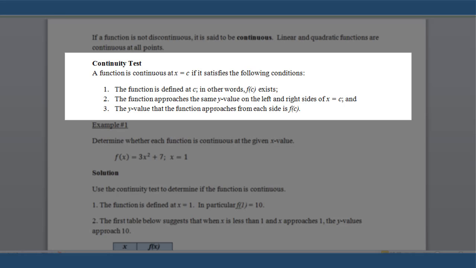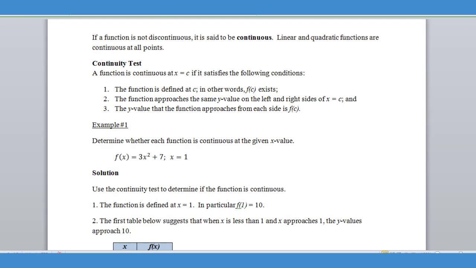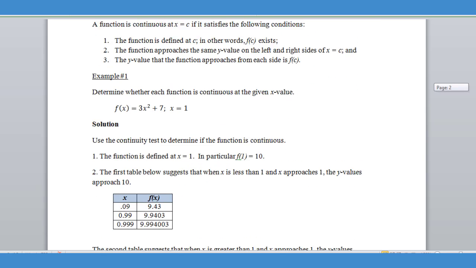On the second page of notes we have three specific tests that we need to conduct on a function to determine if it's continuous at a given value of x. We're going to look at an example first and how we apply these three tests, and then we can work a problem of our own.